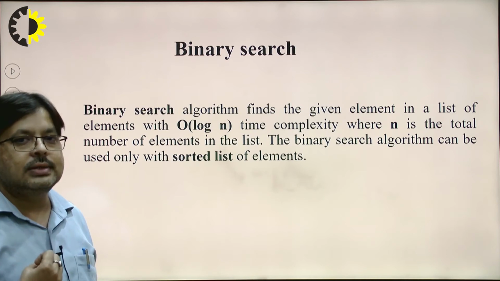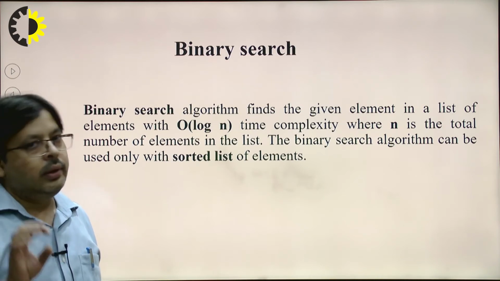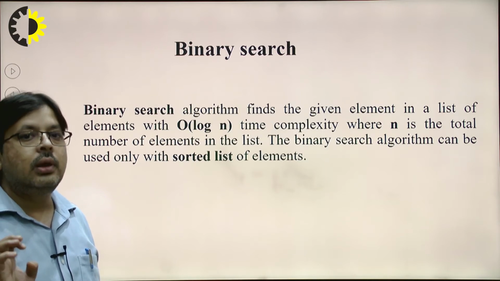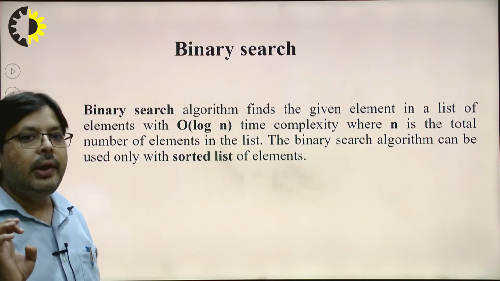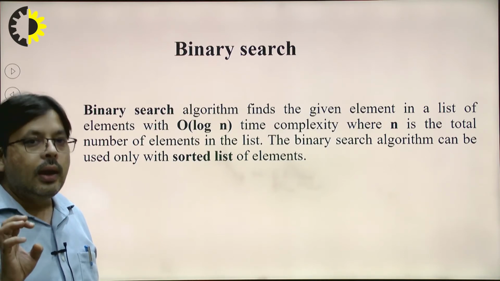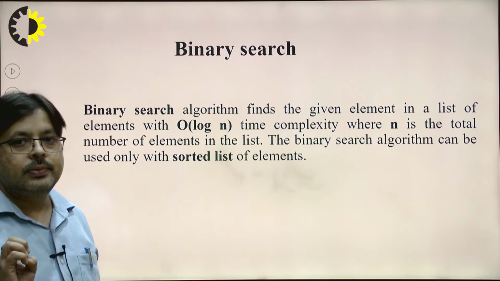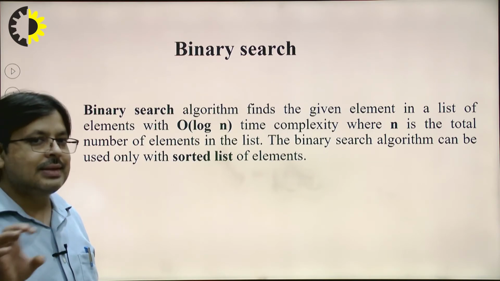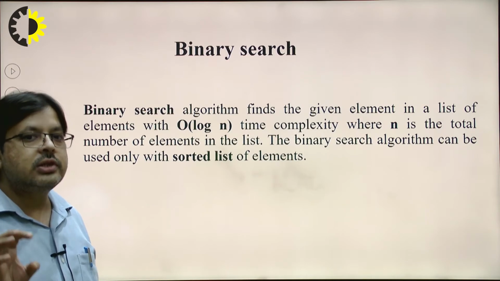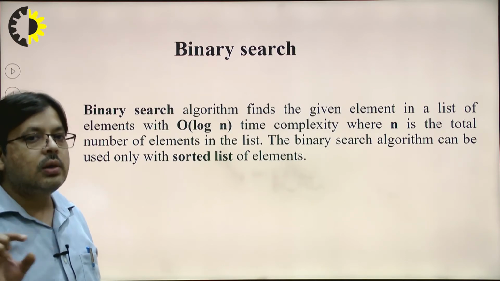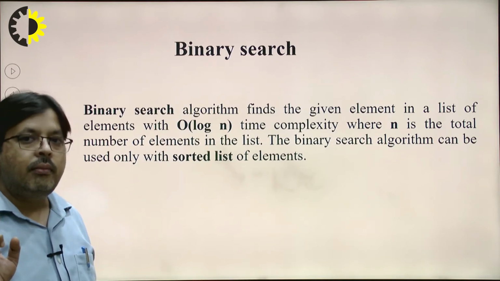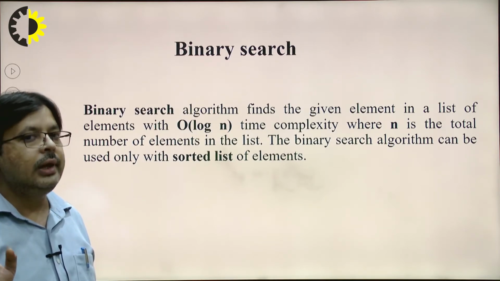Binary search is also a comparison based searching algorithm, but the first requirement of applying binary search is that the array must be a sorted list. If your array is random, then you can't apply binary search. First you have to sort the elements, then you can perform binary search in the given list, right?